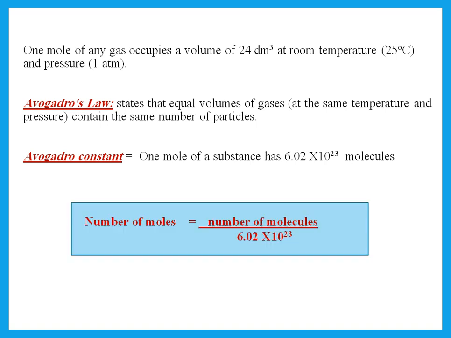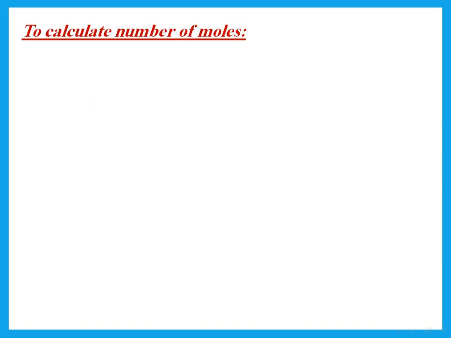And that means if we want to get the number of moles, 1 mole has 6.02 times 10 to the 23. The number of moles would be the number of molecules over 6.02 times 10 to the 23. So this is from Avogadro's law.